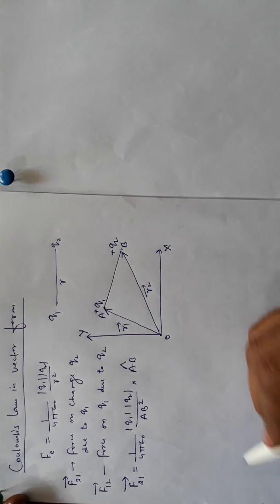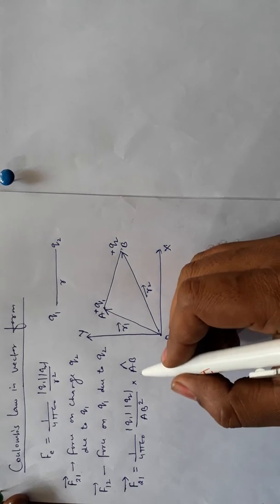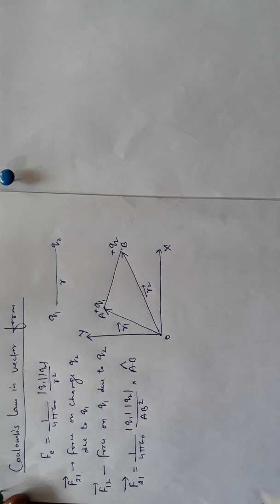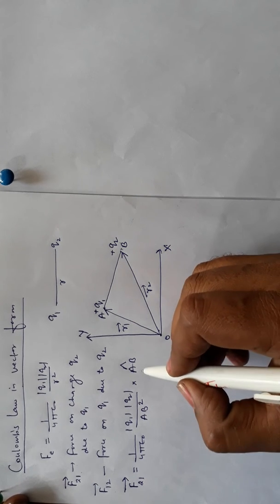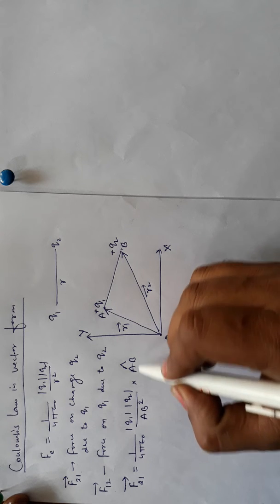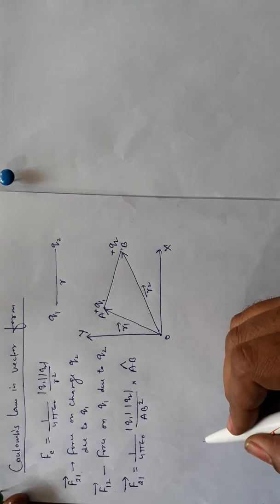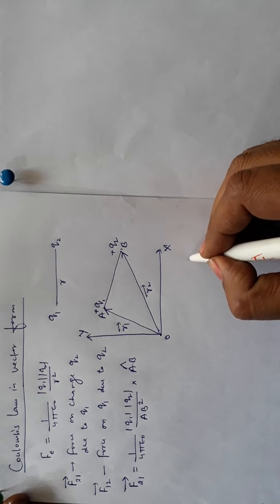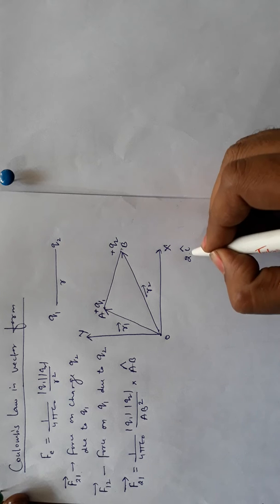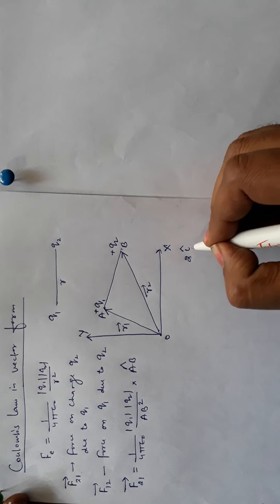You have already studied in your 11th class what a unit vector is. A unit vector means a vector having unit magnitude and a particular direction. The role of a unit vector is to attach some direction to a scalar quantity. Suppose I multiply 2 by I cap.